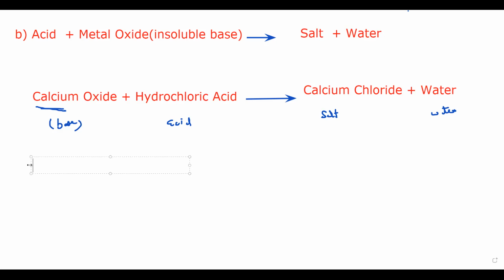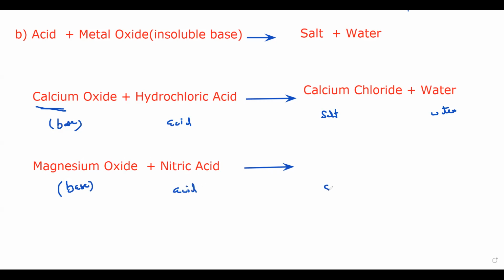Another example, if we have magnesium oxide plus nitric acid. So there is magnesium oxide mixed with nitric acid. What will be the result? Magnesium oxide, a metal oxide, is also called a base, and nitric acid is an acid.